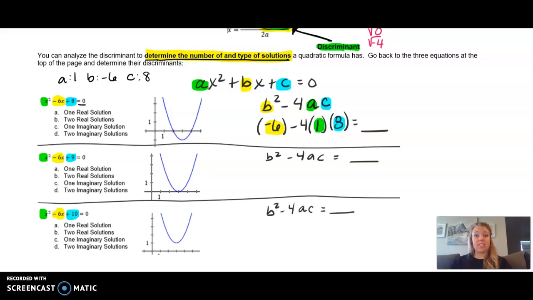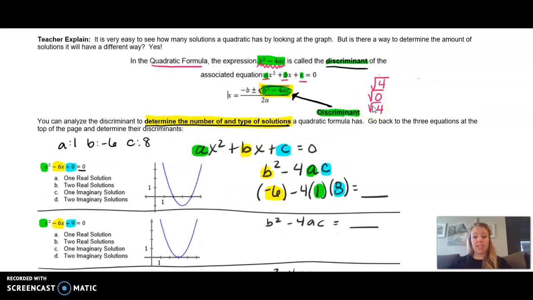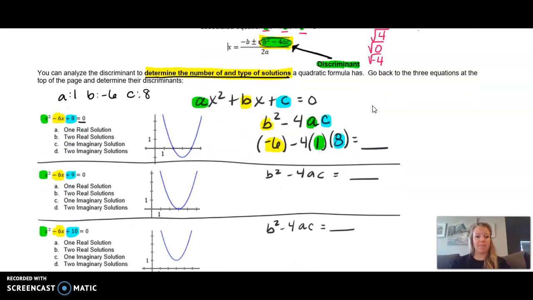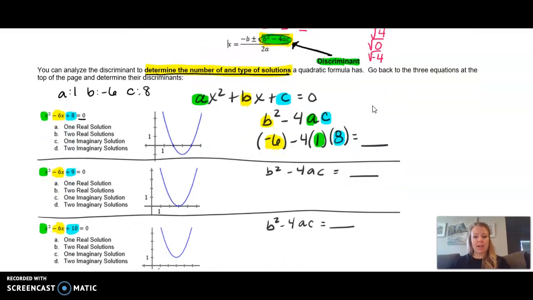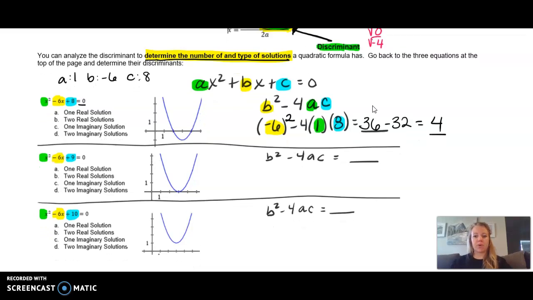And we're going to analyze the discriminant, meaning that little part inside the square root, b squared minus 4ac. That's going to tell us the key. Let's see what we get. When I do b squared, I get -6 squared minus 4 times a, which is 1, times c, which is 8. So that gives me 36 minus 32, which is equal to 4. So I got positive 4 here.